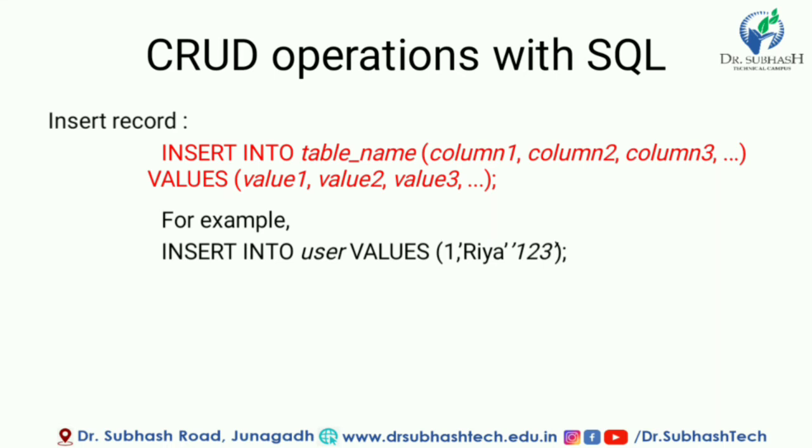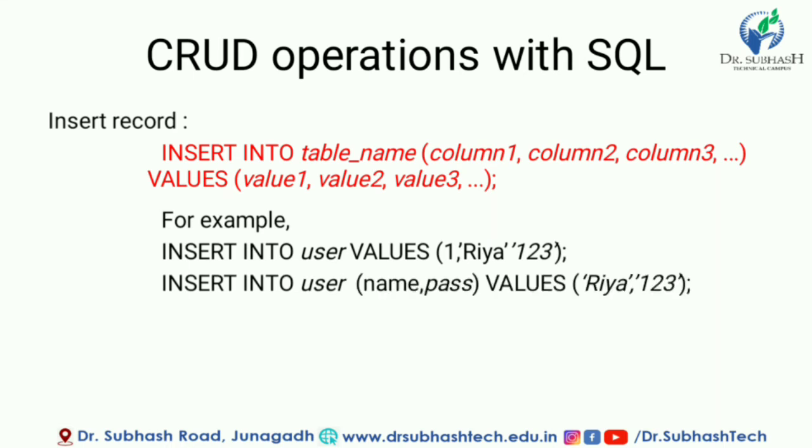Here you can see that I have not given the column names because I want to insert all 3 values into the table. Then there is no need to specify the column names. If you want to specify the column names, it means you are inserting the data into those particular columns. For example, insert into user name and password values ria, 123.